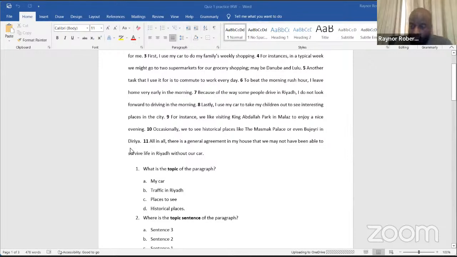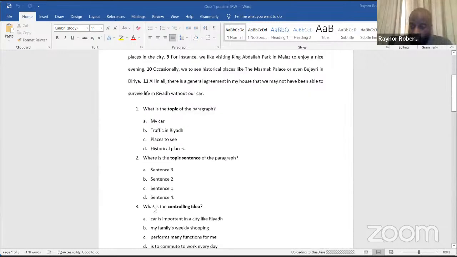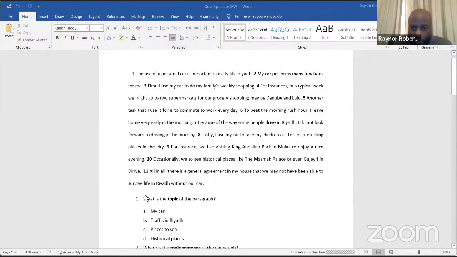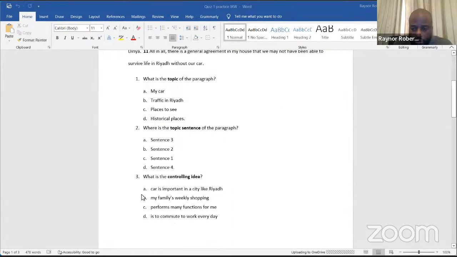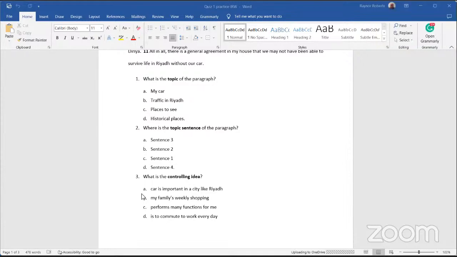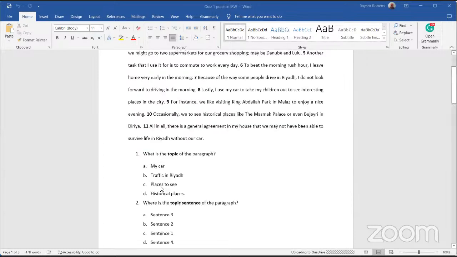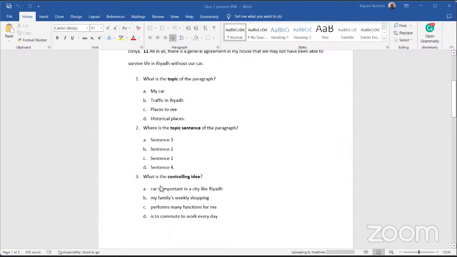Third question, what is the controlling idea? Can anyone answer that question? What's the controlling idea? Participate. Does anybody know the answer? Yeah, anyone. The controlling idea is in the second sentence. So question number 3 is asking you, what is the controlling idea?